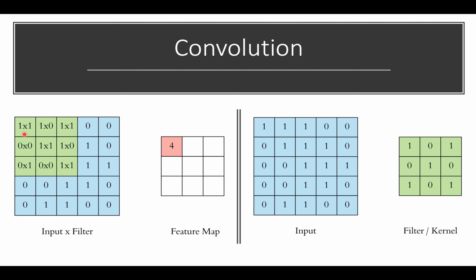Here we have 1, 1, 1, 1, and the rest are 0, so the sum is 4, and it comes here. The output of the convolution operation, 4, is shown in the resulting feature map. We then slide the filter to the right and perform the same operation, adding that result.